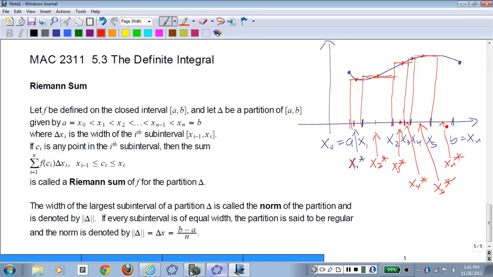And finally, where was that point? Right there. Like that. So, several rectangles. Calculate the sum of the areas of all those rectangles, and hopefully that's kind of close to the total area bounded by the curve and the x-axis.